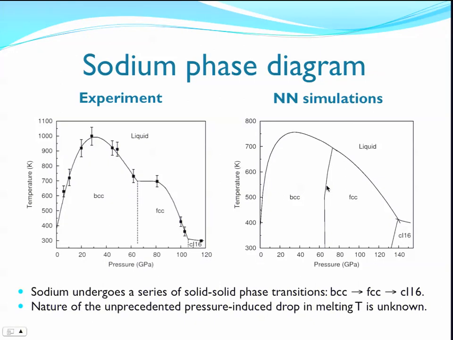You can see that the neural network correctly captures the regions of stability of each phase, and most importantly, it captures this pressure-induced anomalous melting behavior. I must mention here that the total time required to obtain this phase diagram is around 50 nanoseconds. We have to perform our molecular dynamics for 50 nanoseconds for a system containing thousands of atoms. Simulations of this time scale and size are absolutely impossible with direct ab initio methods.